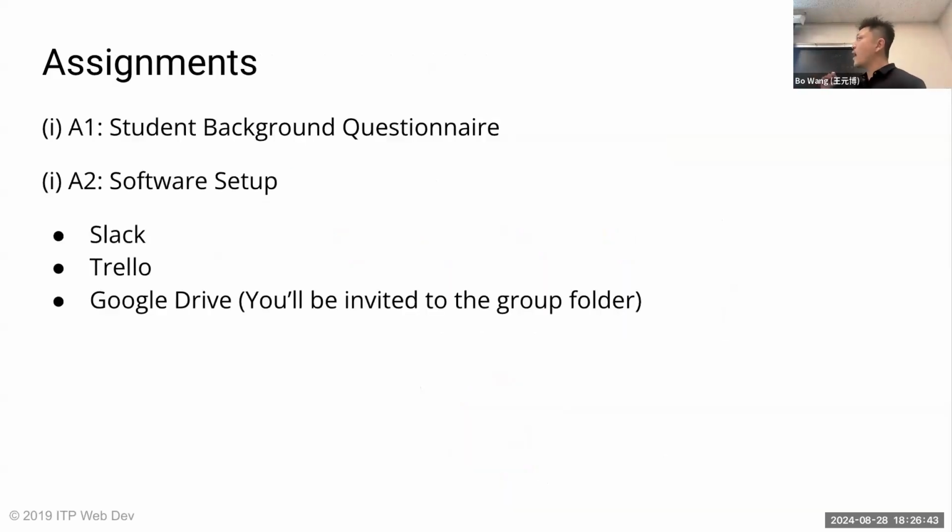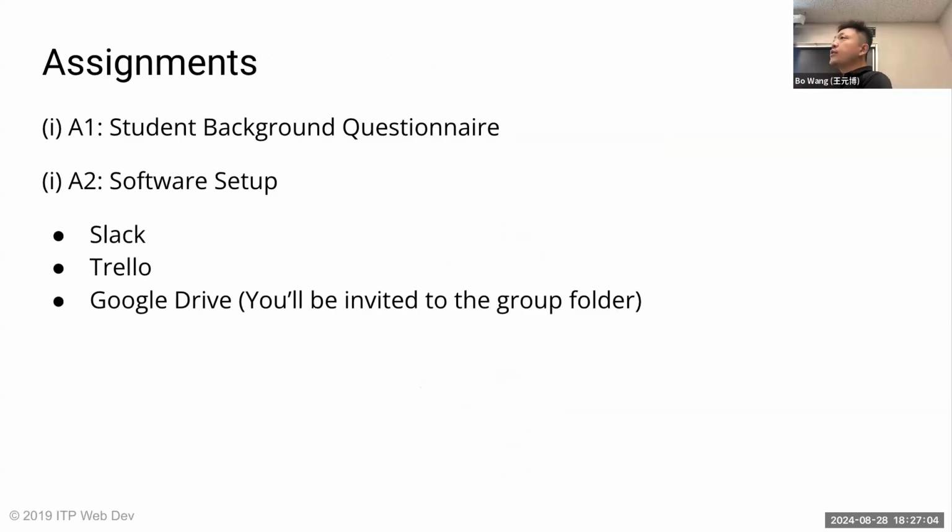There are two assignments for this week. The first is the student background questionnaire, a Google form, as I mentioned a little bit earlier. You fill out your background and estimate it, so we know how to group you. The second is a software setup.